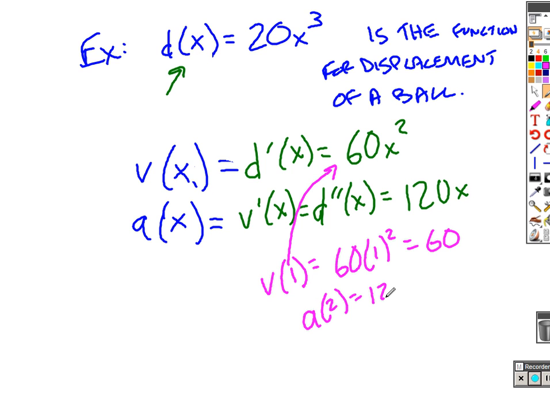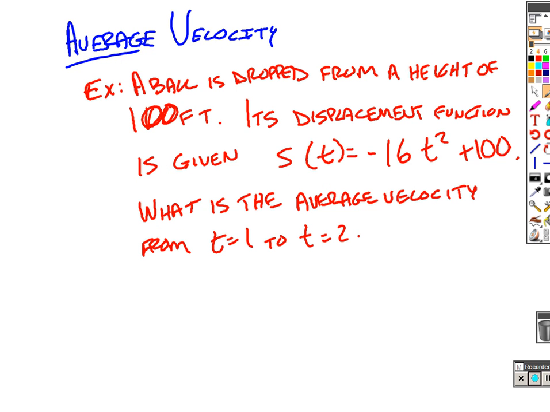I'm just going to plug in 2, 120 times 2, which would equal 240. And normally we'll deal with units. Normally it's going to be in feet per second or inches per second or maybe miles per hour. Normally it'll give it to you based on the context of the problem. So we'll say in this case this would be feet per second and this would be feet per square second. Something like that.